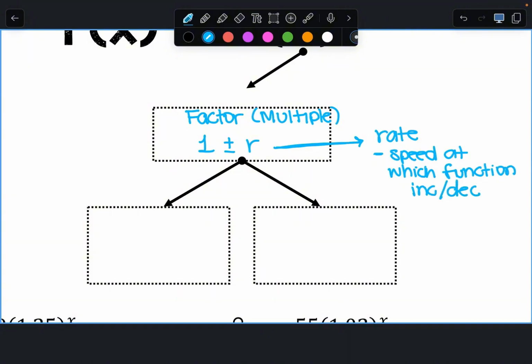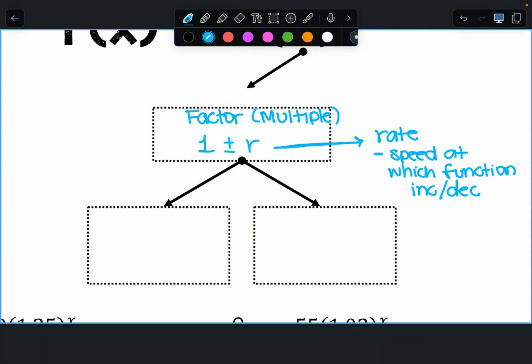So remember, as the zombie population was increasing, what was happening to the human population? Decreasing. So how fast was the zombie population increasing? How fast was the human population decreasing? That is your rate.